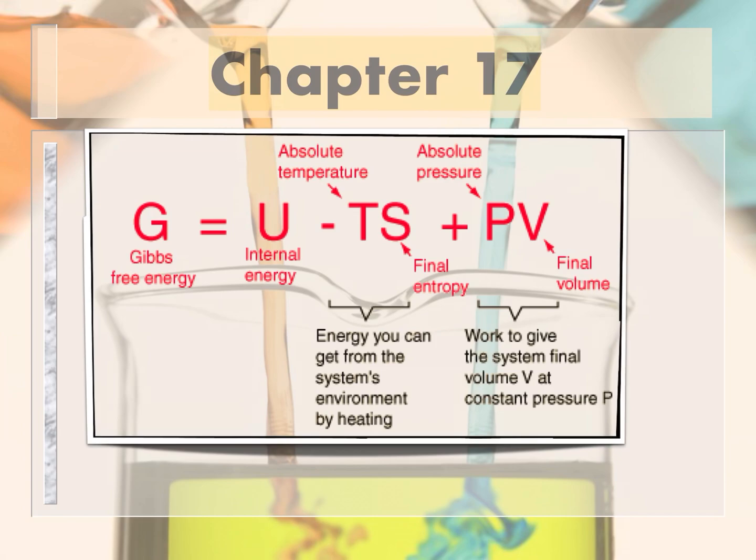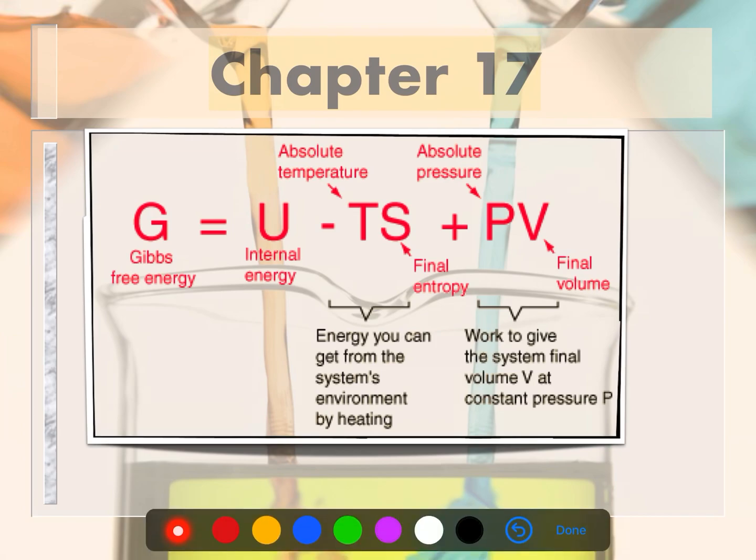So it is still Q plus W, which is what this kind of looks like, except that here, this is really our W. Taking a look at randomness and how pressure and volume affect work energy. But it's also an application of what they call the second law of thermodynamics, which is it's not just about the energy of the reactants and the products, but it's also about states of randomness.